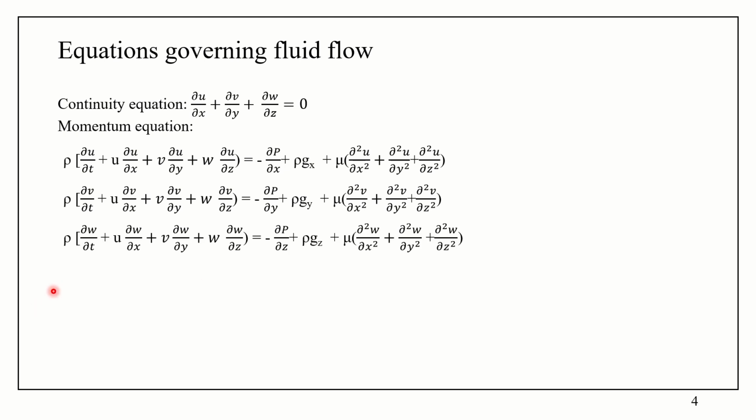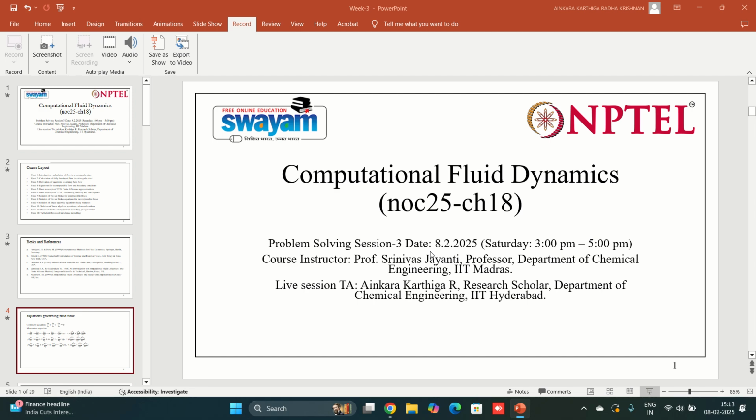And at last we have the z momentum equation, which is the variation of the w velocity component: rho into dou w by dou t plus u into dou w by dou x plus v into dou w by dou y plus w into dou w by dou z equal to minus dou p by dou z plus rho g z plus mu into dou square w by dou x square plus dou square w by dou y square plus dou square w by dou z square.